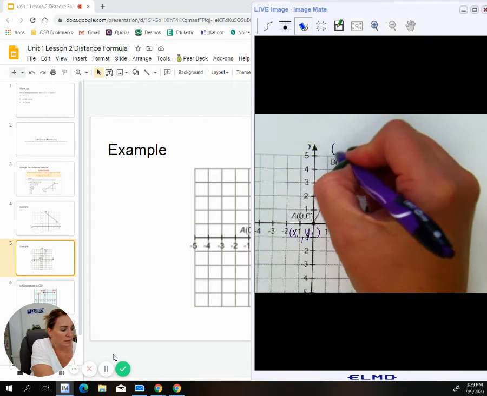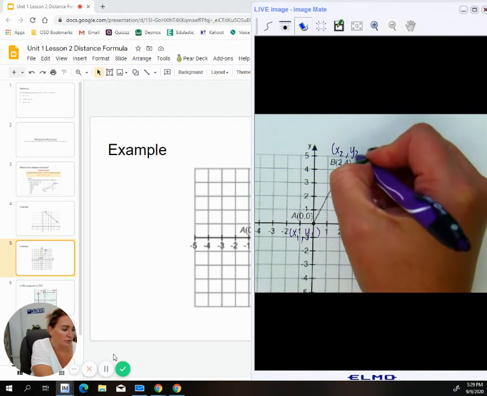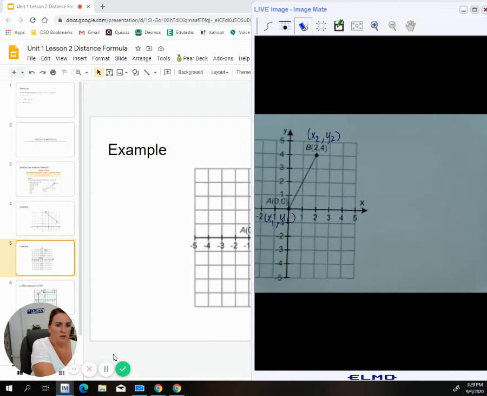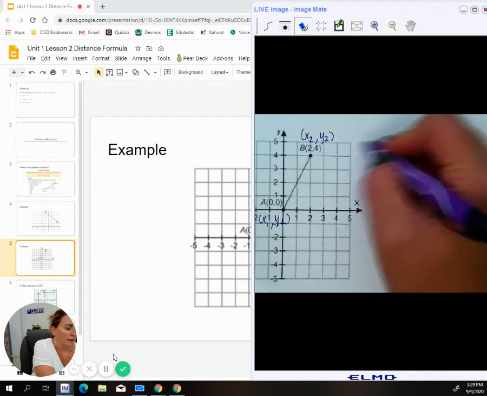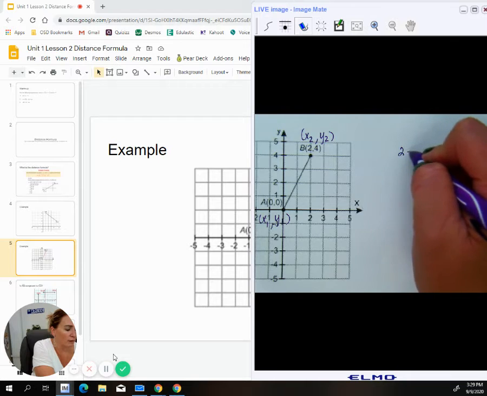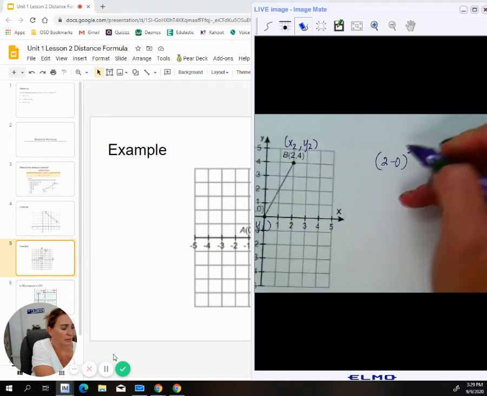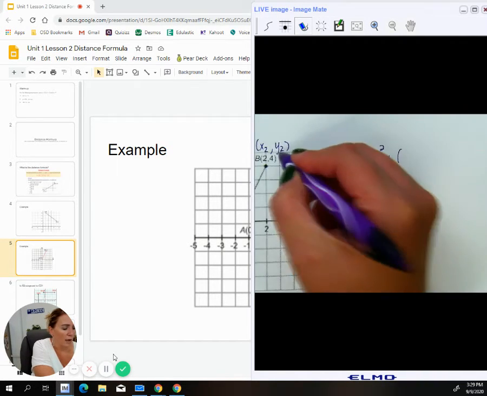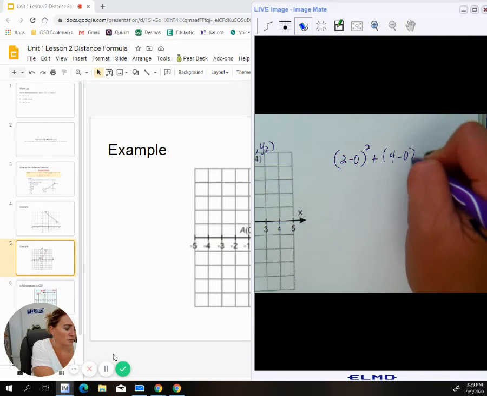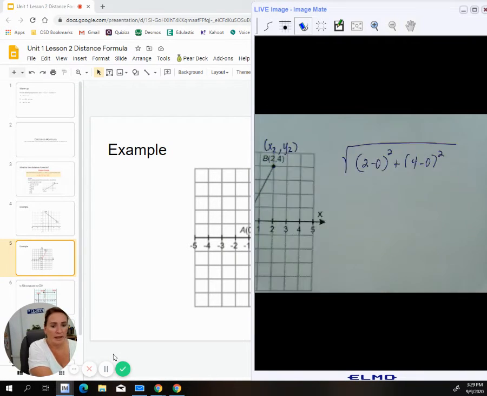So that means this is x2 and y2. So we're going to have x2, which is 2, minus 0 squared plus y2 minus 0 squared. And now I'm going to see if you guys can finish solving from there.